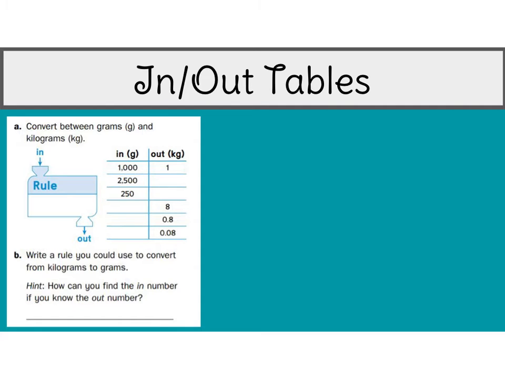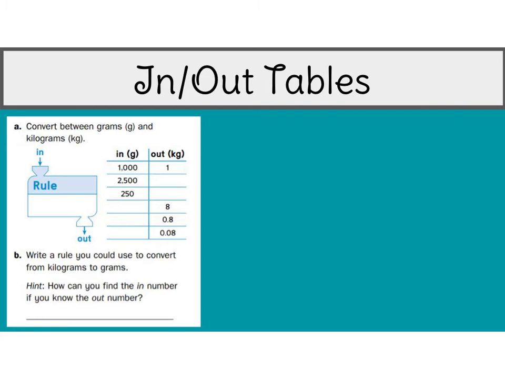We have an in and out box over here, and then we have a rule machine here. So it tells us that we need to write a rule that we could use to convert from kilograms to grams. And they're giving us a hint. How can you find the in number if you know the out number? So we're going to think about some of those things as we go about this today.